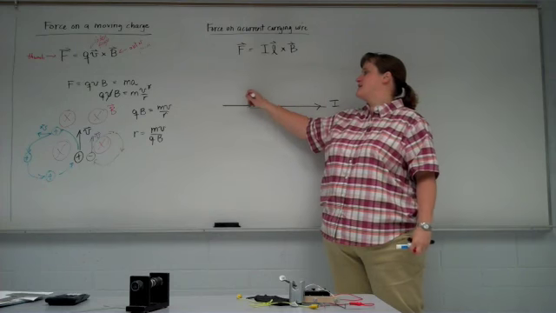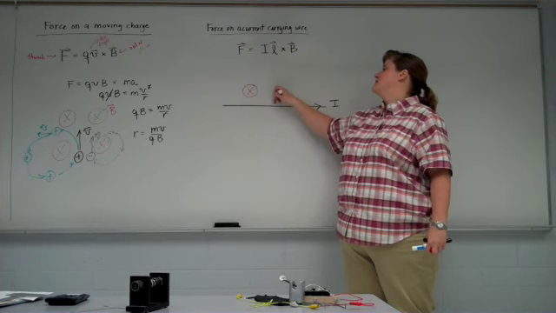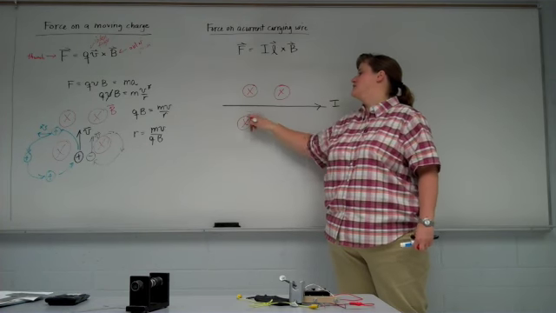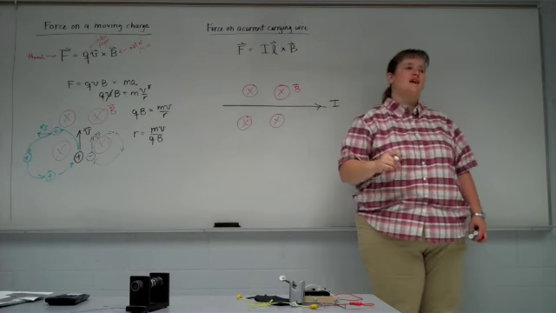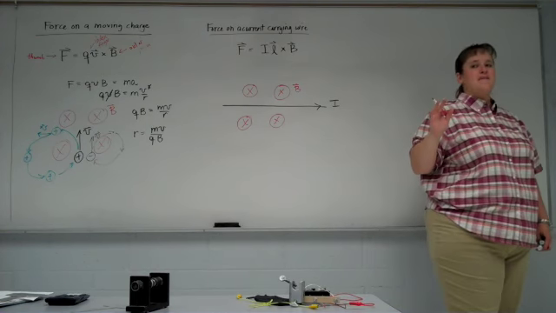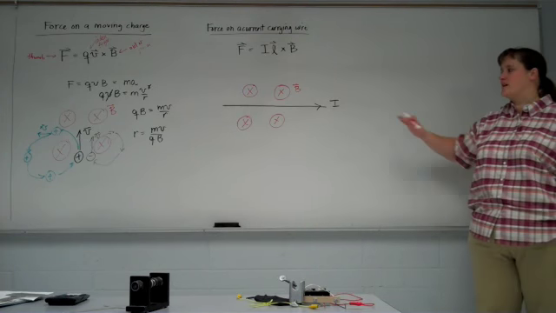Let's say it's in the same magnetic field as our last example. This magnetic field is created by something else. That magnetic field is not the one created by the wire.